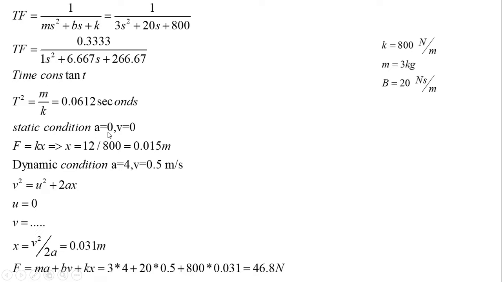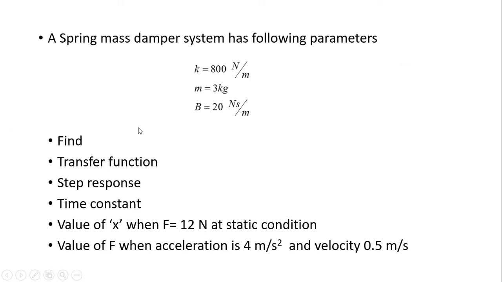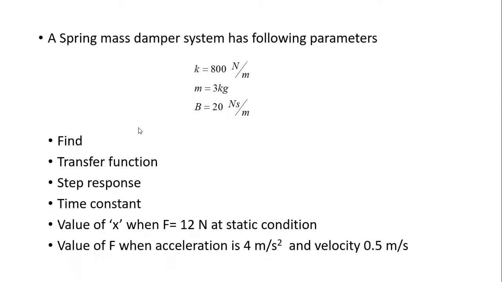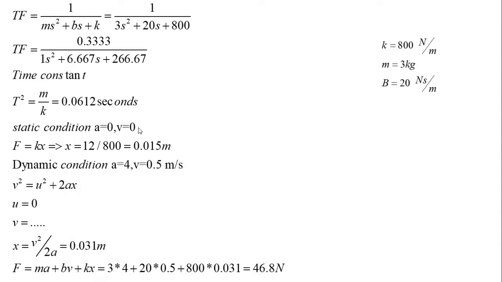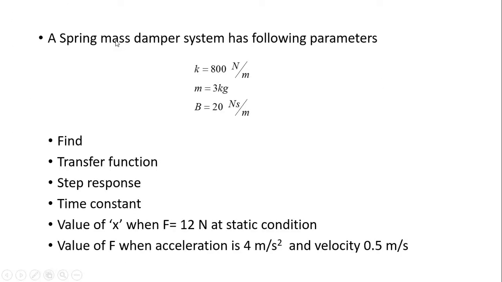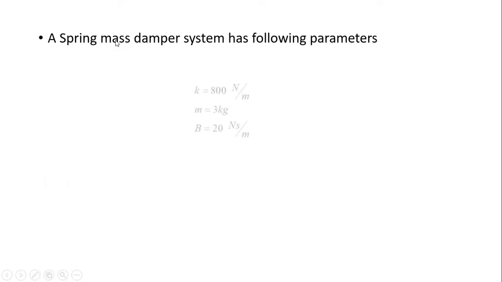Now point C. At static condition, acceleration is zero and velocity is zero. Hence, whatever the force is, that is the total force, which is the sum of spring force plus force due to mass and force due to the damping coefficient.